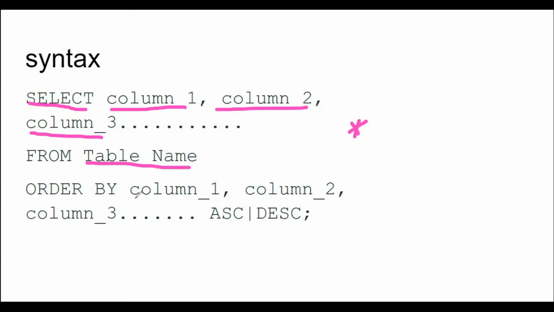Then you mention the column based on which you're trying to sort the result set. It can be one column or multiple columns. This ASC is optional. And if you want to sort in descending order, then you use the DESC keyword for descending. So this is the syntax for the order by. We will see this same syntax with one example.